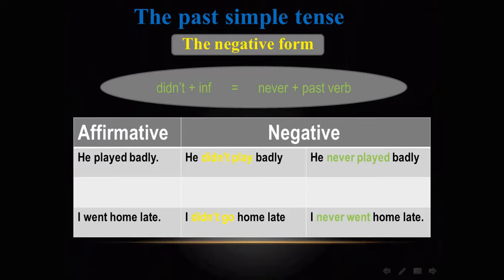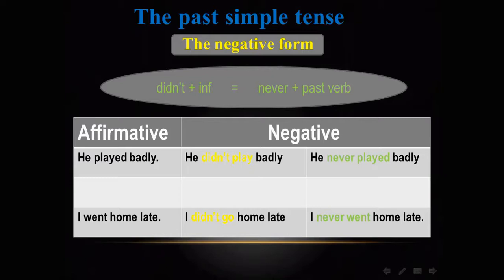To change it into negative, we can say I didn't go home late yesterday. Or I never went home late yesterday. You have to change a sentence in the past from affirmative form to a negative form.